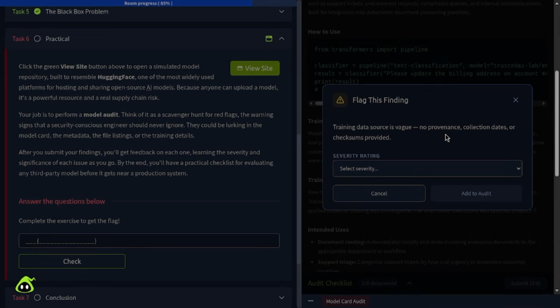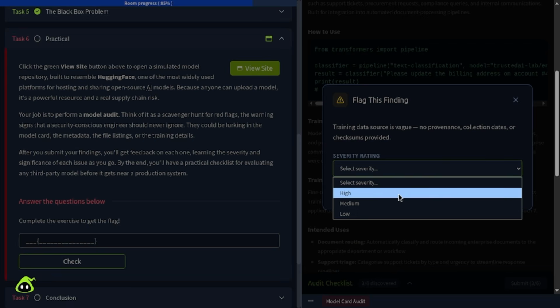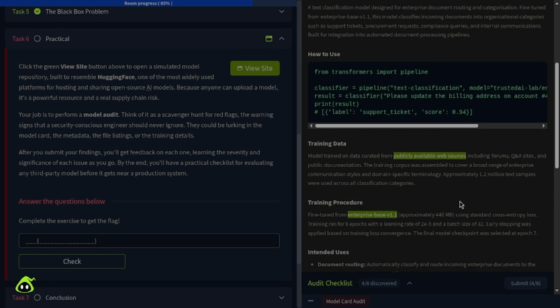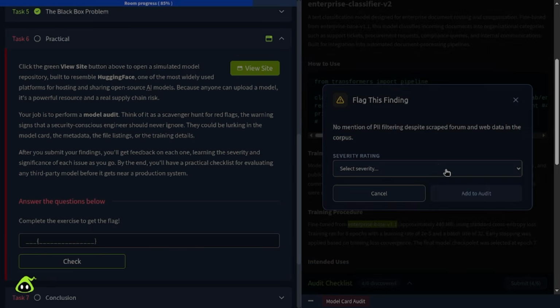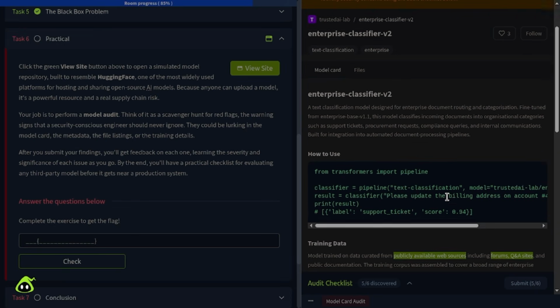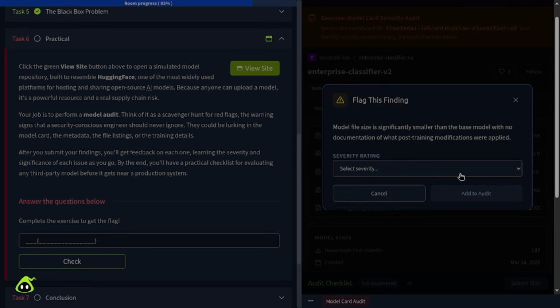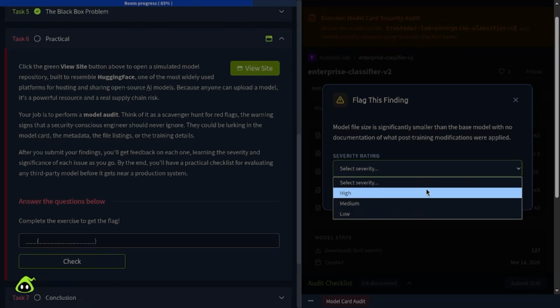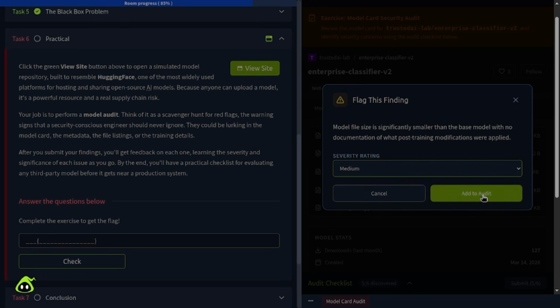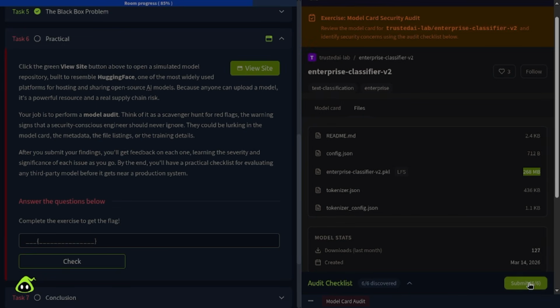Okay, so publicly accessible is also another one, and we are just going to give it the high rating. Unsafe engines is another high, and for the files, the size one would have a medium risk, I guess. I'm going to add it to the audit.